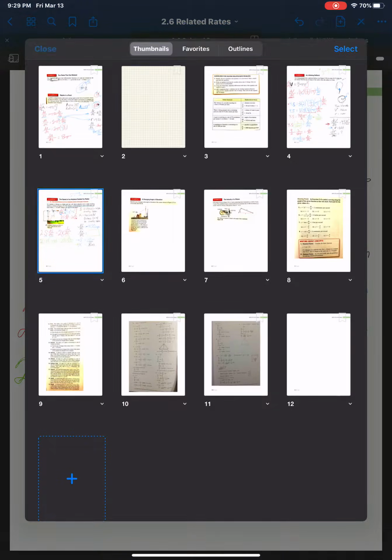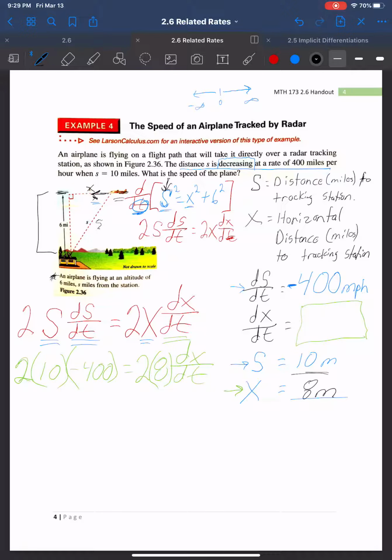Okay, so no problem at all. So we got 16, so that should be dx/dt is equal to negative 500. Wish I had a calculator in front of me, but I think that's right. So negative 500, and of course, that's in miles per hour, right?